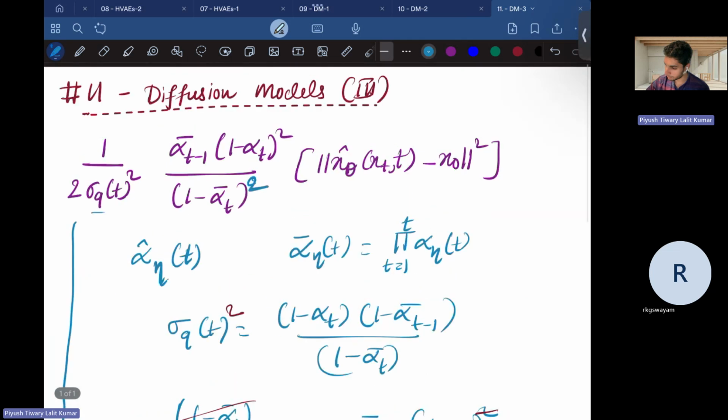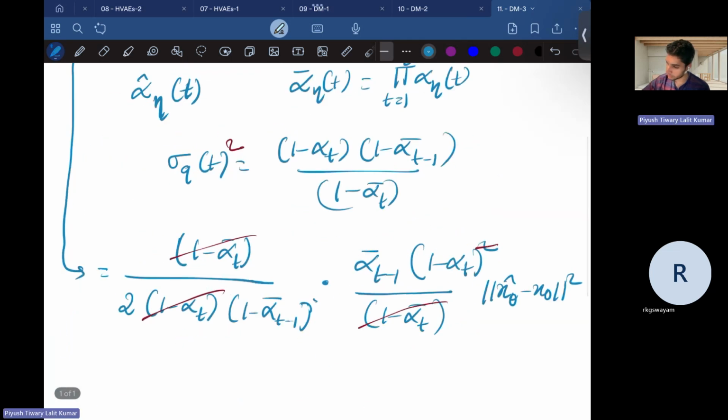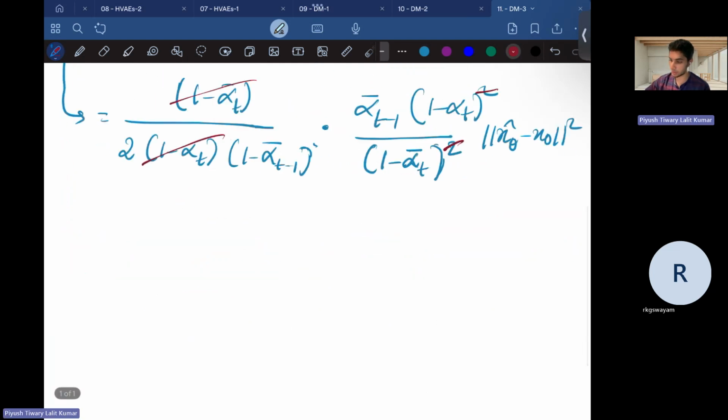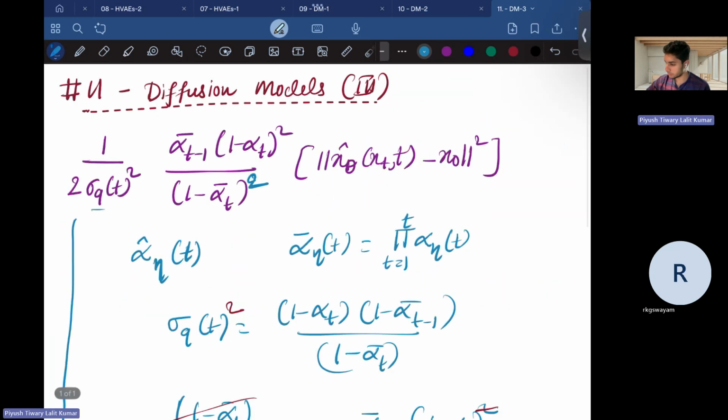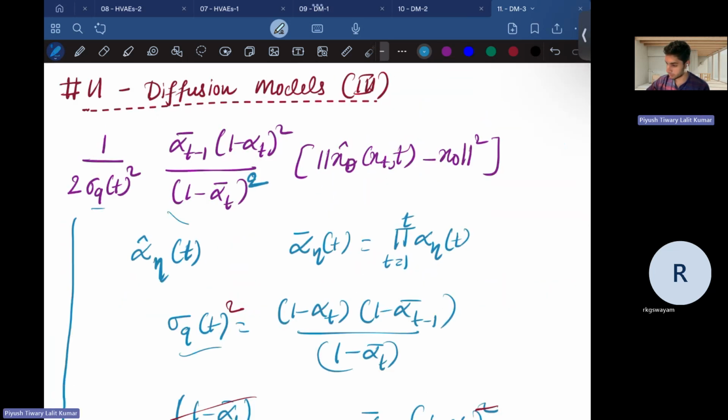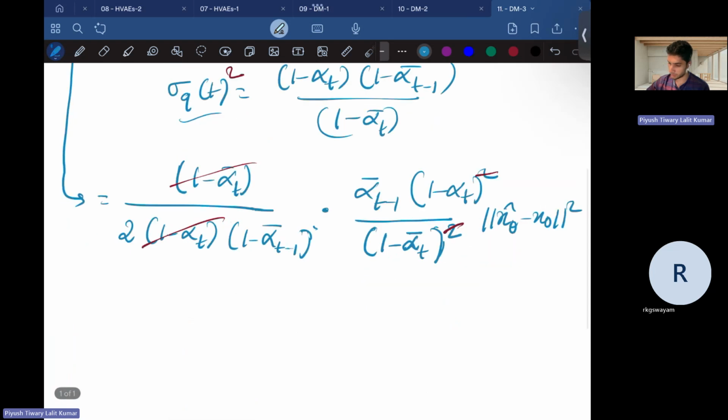This is 1 minus alpha t bar whole square, and only one thing will get cancelled. The square will get cancelled. This is fine, this is okay. Sorry, I just got confused between the sigma q's and this term. Sorry for that, but now it's correct.